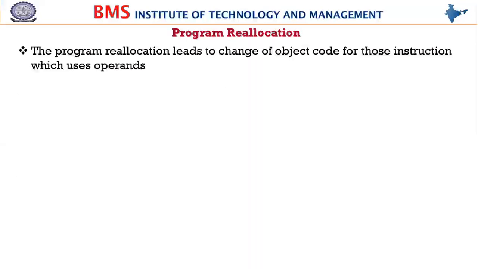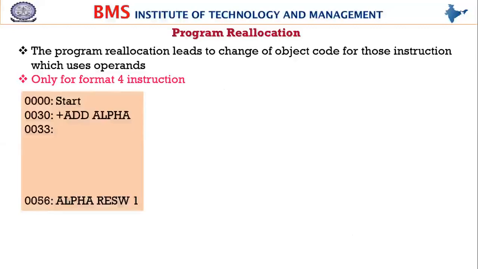But the issue actually happens with format 4. If it is a format 4 instruction, then this is an issue. What is the problem? Just have a look at it. At 0030, we have an instruction, add alpha. The add alpha is a format 4 instruction. You can see a plus mark in front of the instruction.